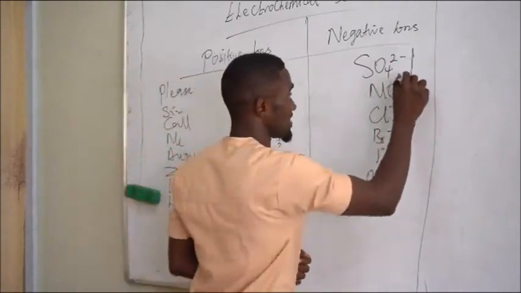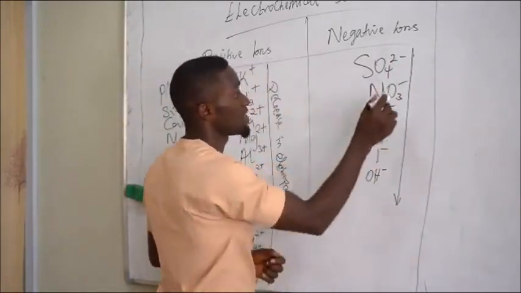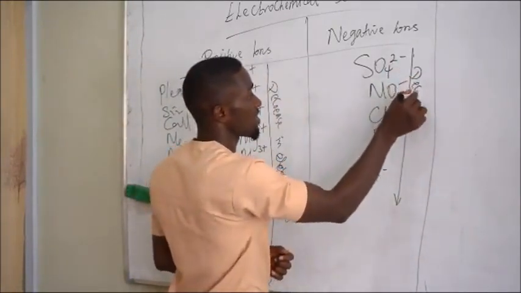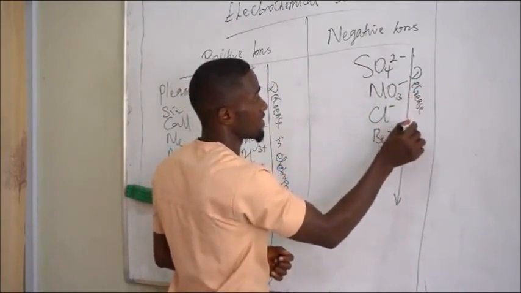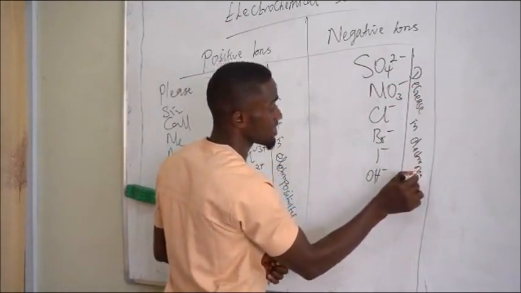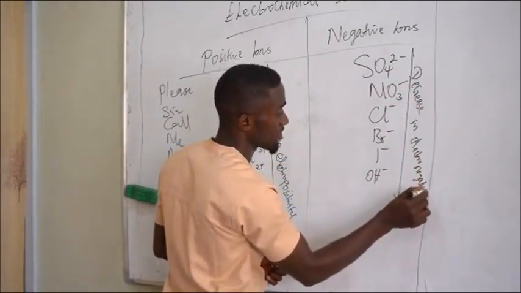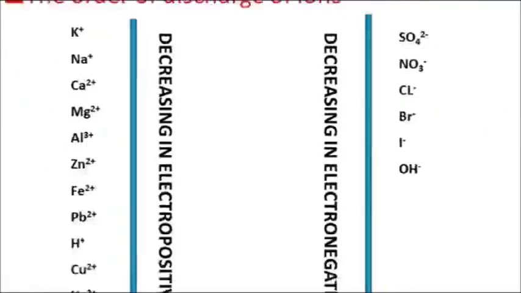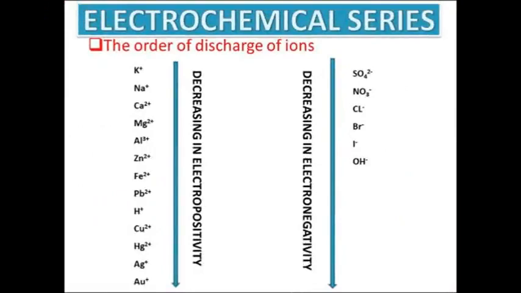And this is arranged based on decrease in electronegativity. So the ions that are lower in the electrochemical series will be preferentially discharged at the electrode during electrolysis. So this is all about electrochemical series.